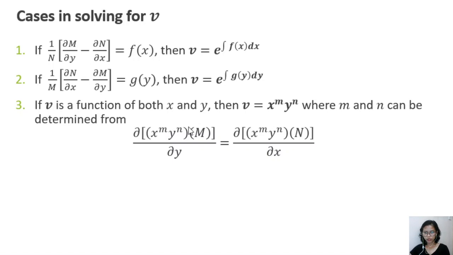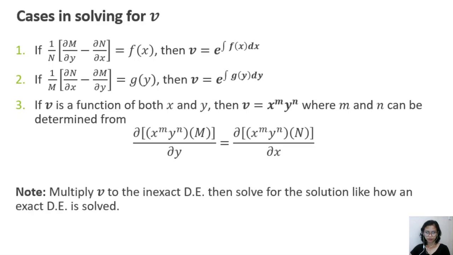And with this equation, by algebra, you can solve now for m and n. And what do you do when you get the integrating factor v? So again, multiply v to that inexact differential equation, then solve for the solution like how an exact differential equation is solved.